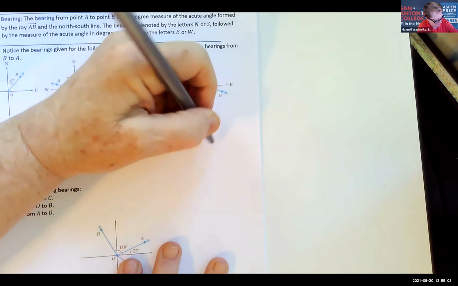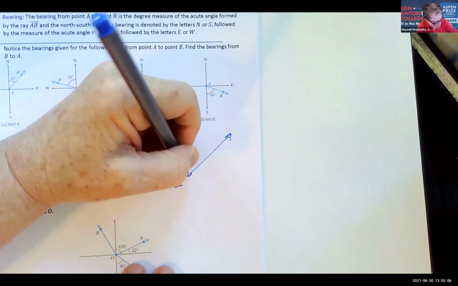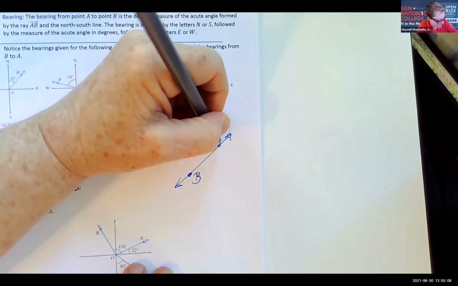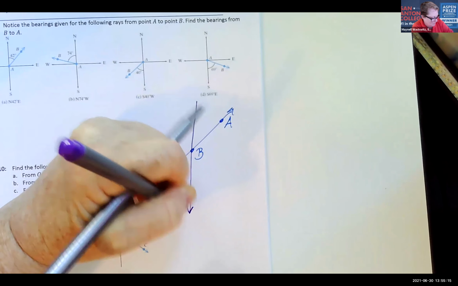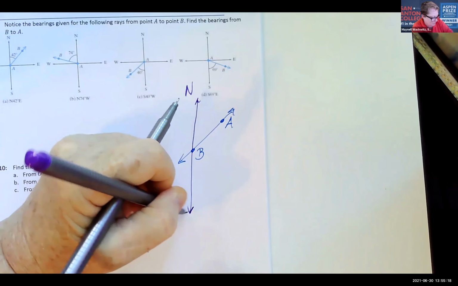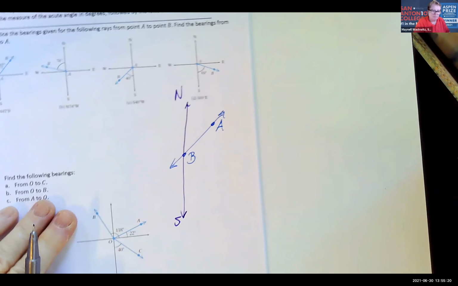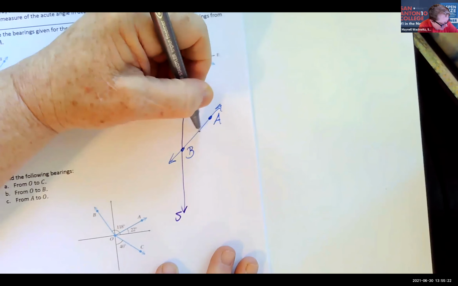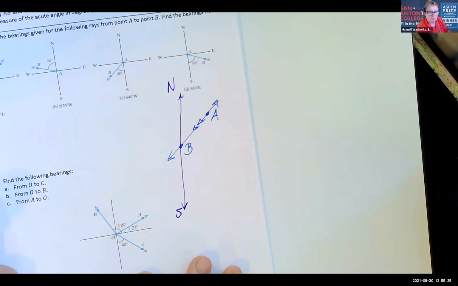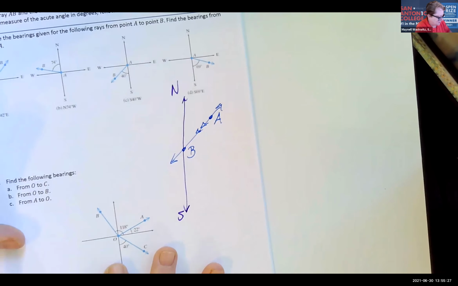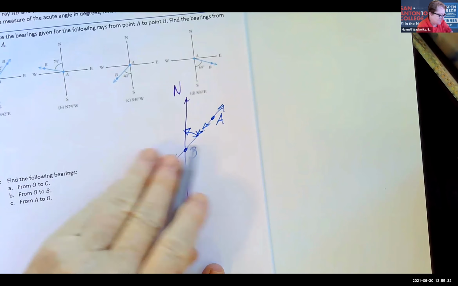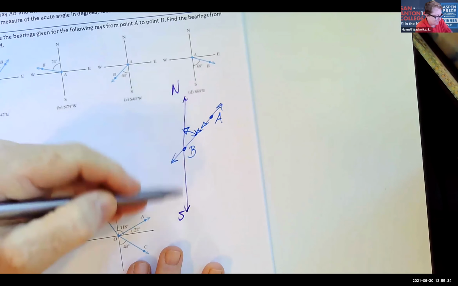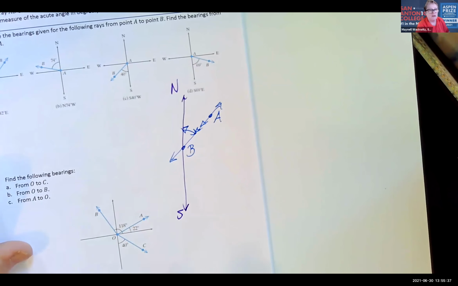So for instance, here's the point B, let's say, here's the point A, and let's draw the north-south line. If we're going from A to B, then the angle that we care about is going to be this angle with respect to the vertical instead of with respect to the horizontal, like we have been doing.